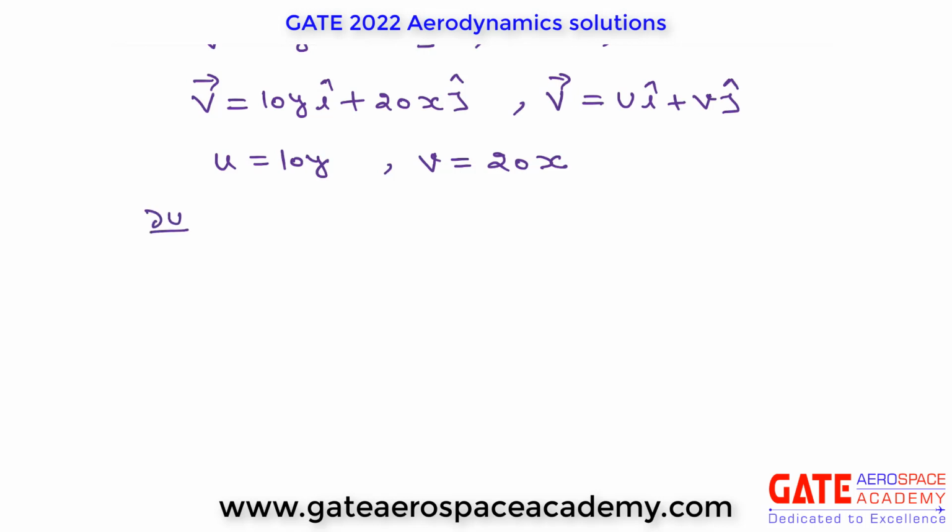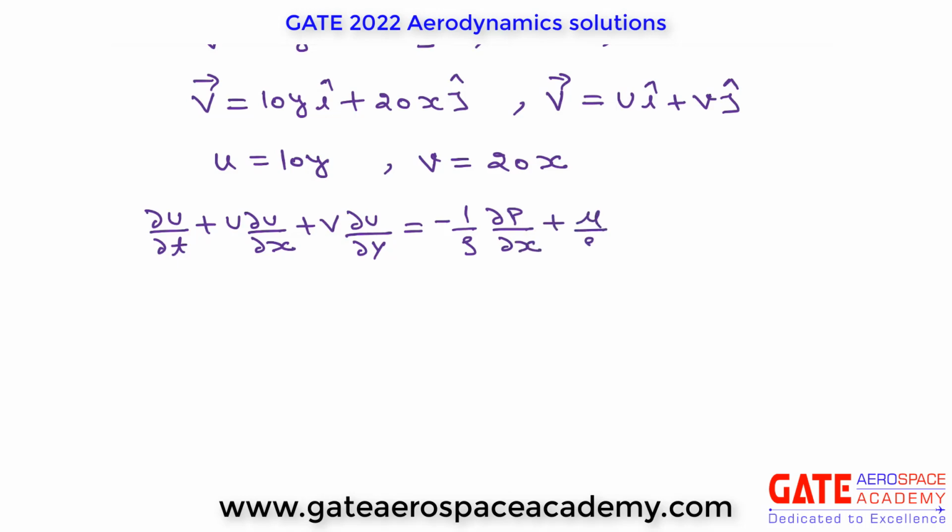Dou u by dou t plus u dou u by dou x plus v dou u by dou y is equal to minus 1 upon rho dou p by dou x plus mu by rho bracket dou square u by dou x square plus dou square u by dou y square, right? Here we have neglected the body forces, means gravity.